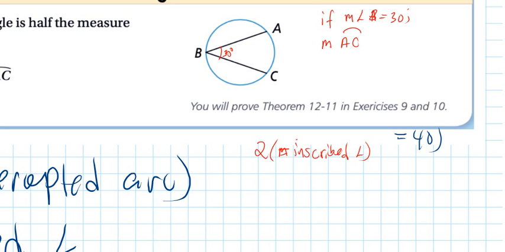It's going to be what? 120? Why 120? Times 2. 30 times 2 is? You're going to be multiplying the measurement of angle B by 2. That's going to be 2 times 30, which is 60 degrees. You got it?